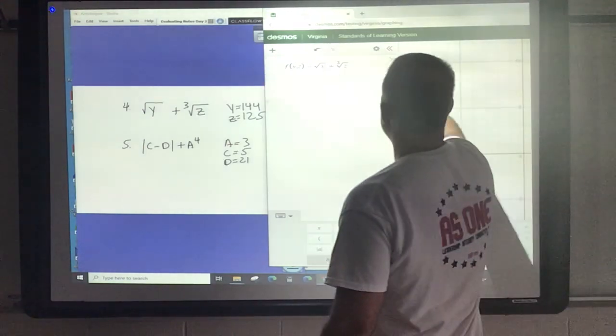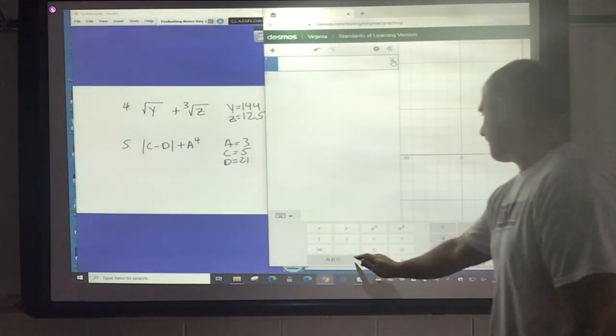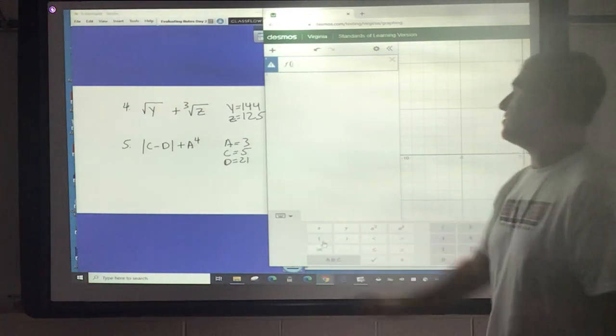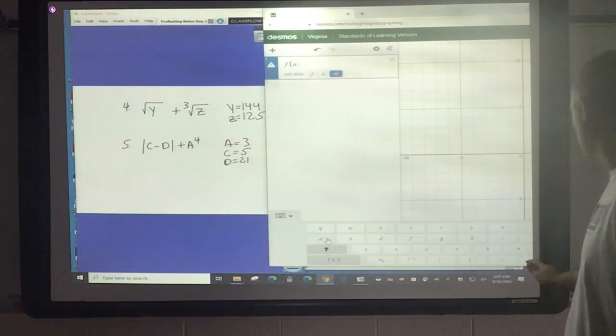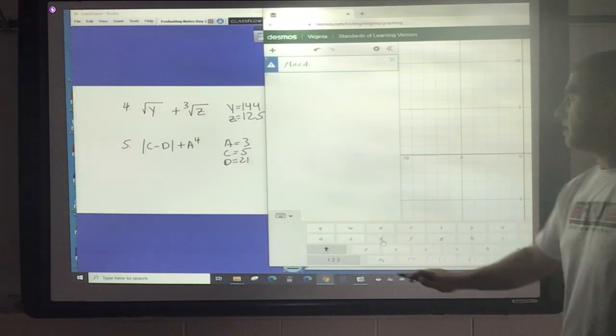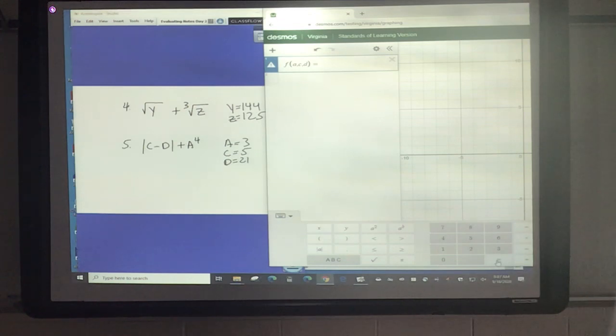Okay? All right. Let's go to this next one. Function. So I start with F, lowercase f, parentheses. I'm using A, C, and D here. So A, comma, C, comma, D. Close my parentheses. Equals. Now my functions, absolute value.